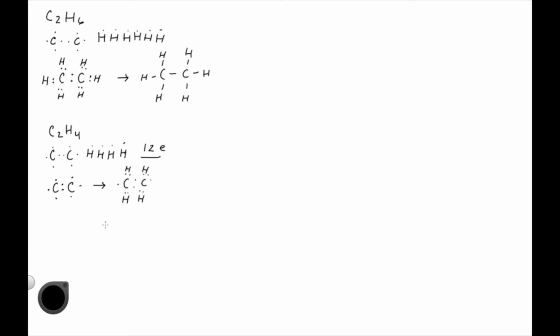Right. So finally, for our last step, we pair any unpaired electrons so that each atom achieves an octet. So in this case, we take the unpaired electron on each carbon and join them together so that the 2 carbons form a double bond.